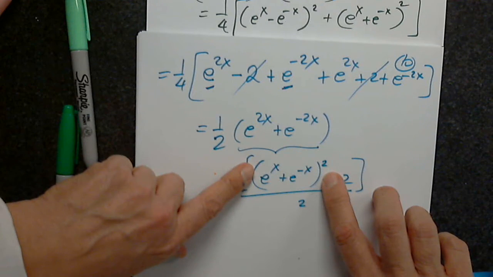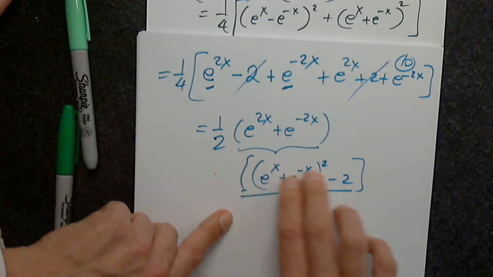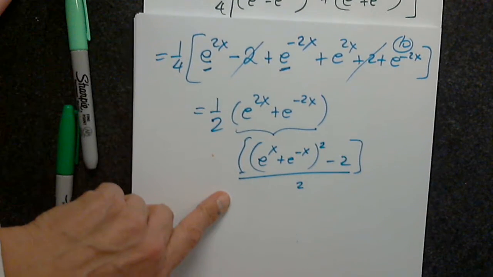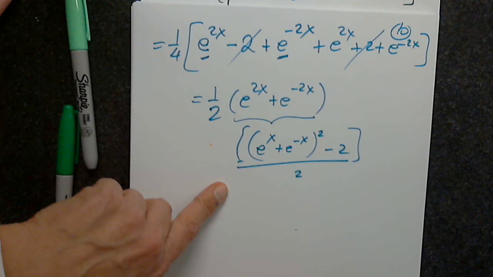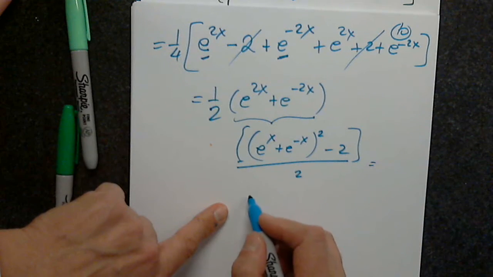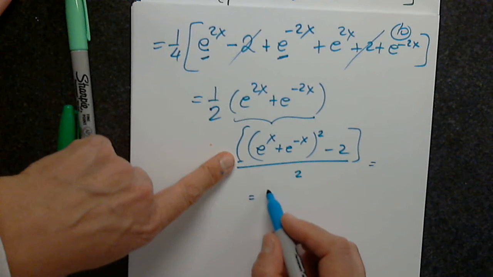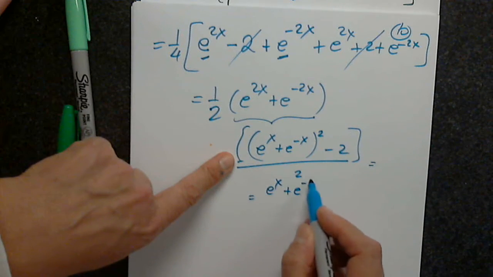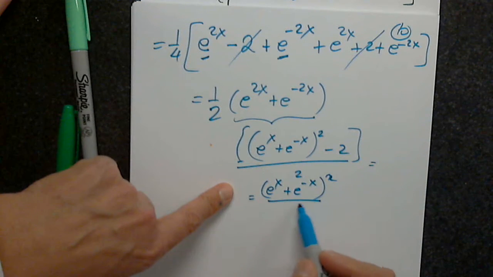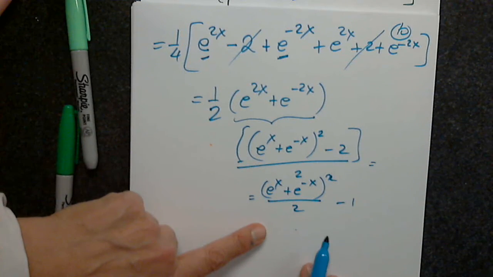Does it make sense? So here I already have a 2. Minus the 2, I will get back this. Okay, I'm just trying to see if I can further simplify this, which will be e to the x plus e to negative x, everything squared. You don't have to write this. I'm just minus 1.